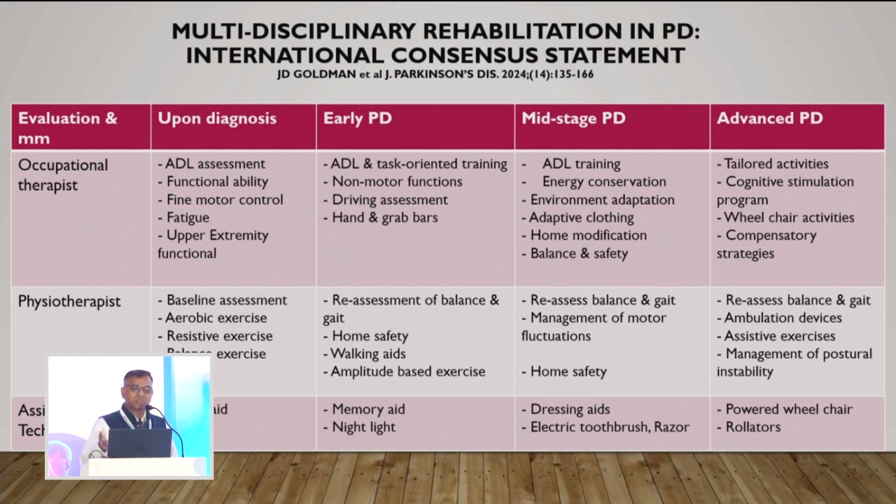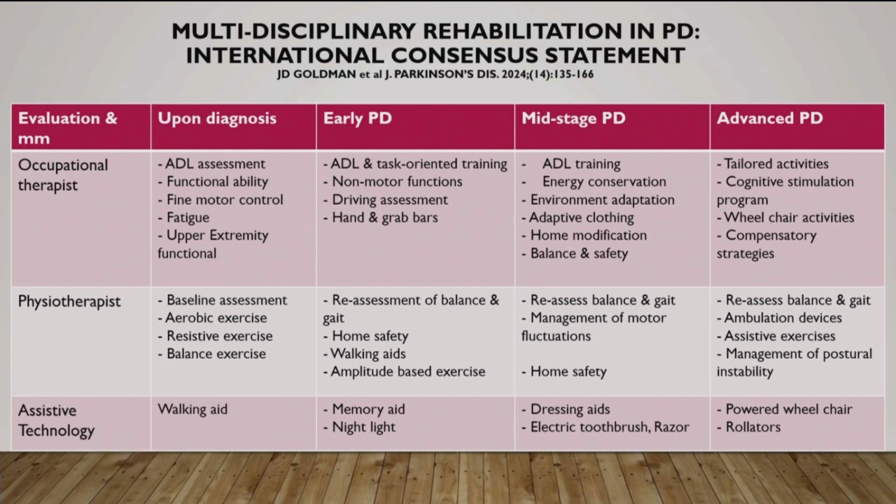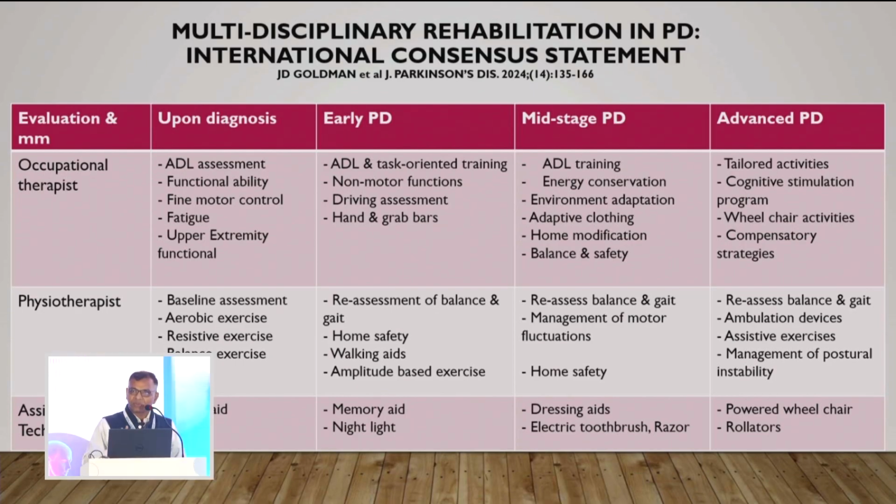Occupational therapists will be doing ADL assessment, functional ability, fine motor hand controls, talking about fatigue, and talking about driving, whether the patient has driving ability or not. If the illness is advanced, then we are talking about environmental adaptation at home or workplace, how the patient can be given a fall-safe environment where the patient can work optimally.